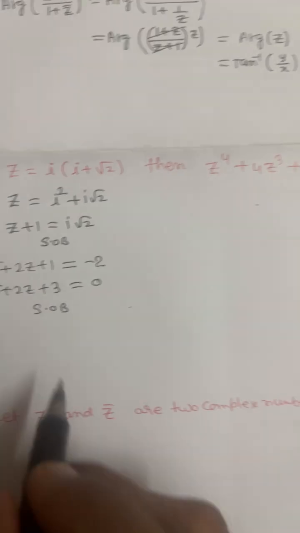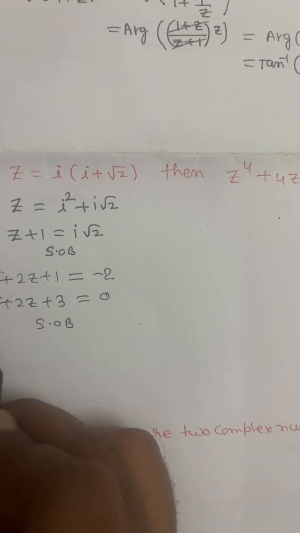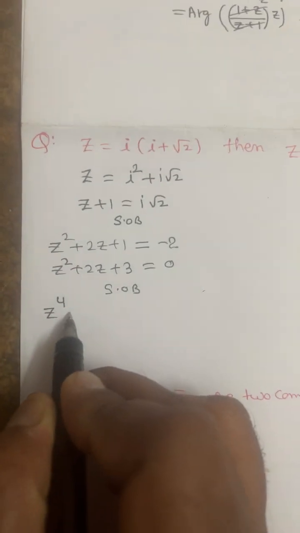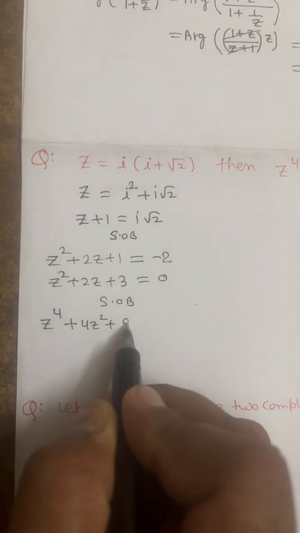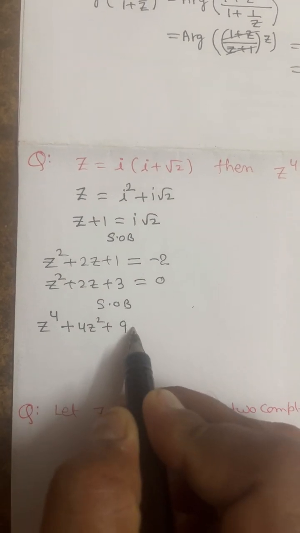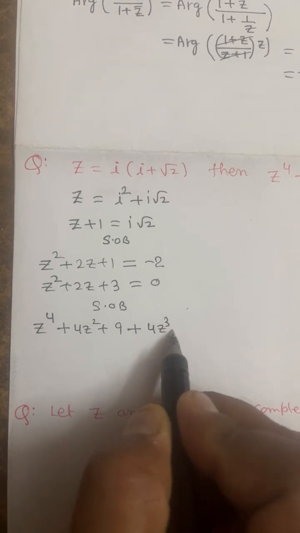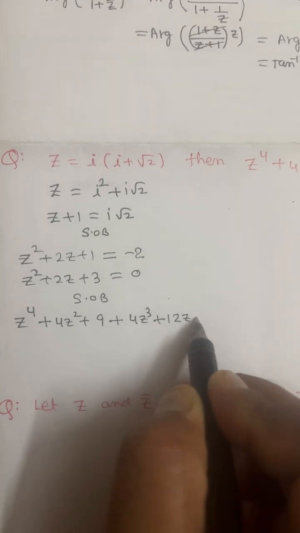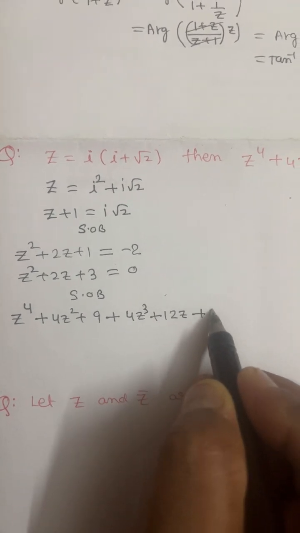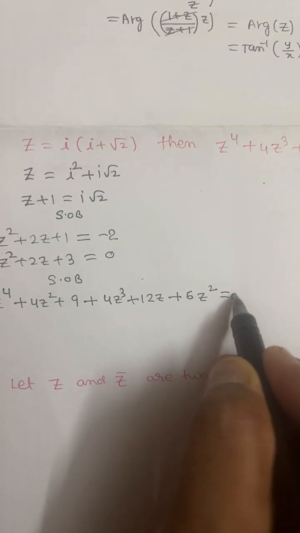So that is the reason. A plus B plus C whole square expansion: Z power 4 plus 4Z square plus 9, next 4Z cube (2AB), next 2BC plus 12Z plus 6Z square is equal to 0.